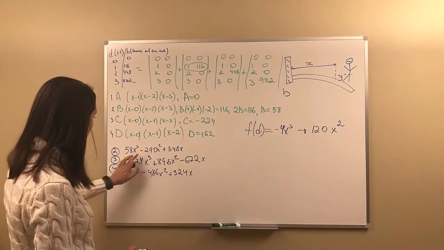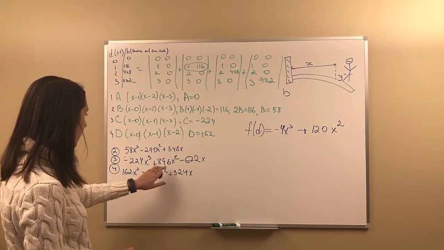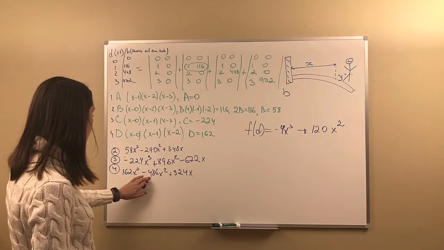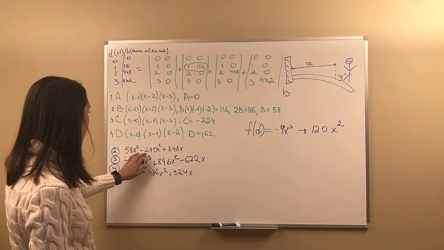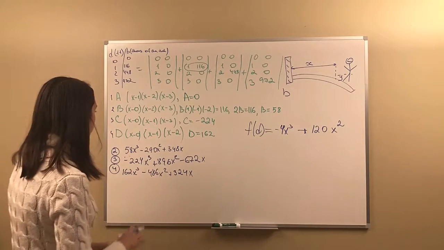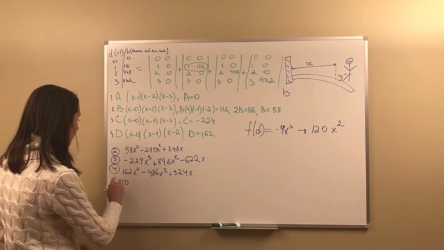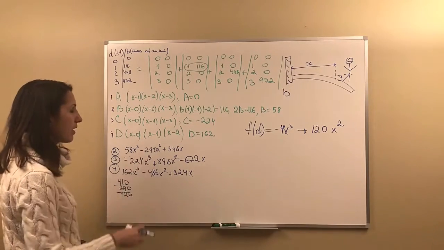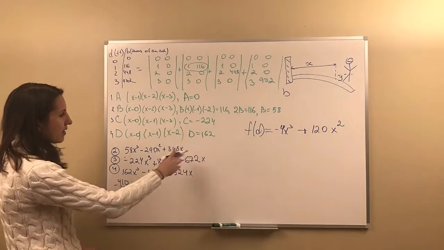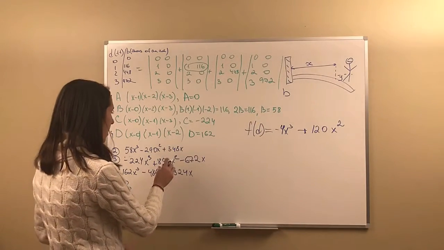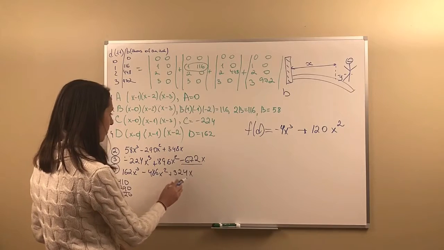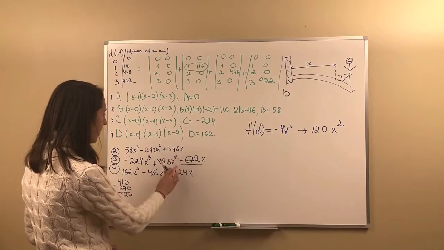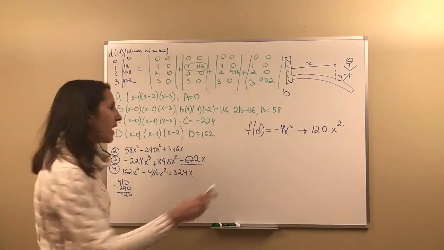So let's make sure the 120 is right. 896 minus 486 is 410, and 410 minus 290 is 120, so that's correct. And we need to make sure that the last one actually cancels out. So 672, 348 plus 324 is 672, so that is correct.